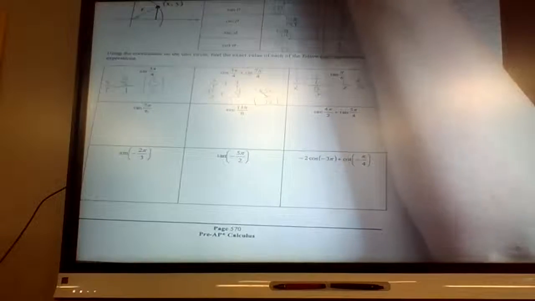Try tangent of 7 pi over 6. Okay, I can do this one.